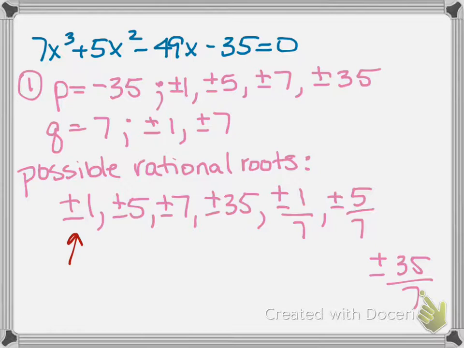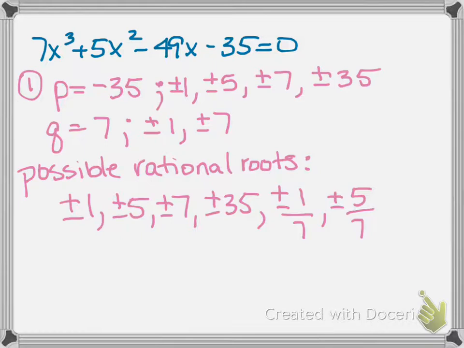And positive or negative 35 over 7, 35 divided by 7 is 5, so that's positive or negative 5, which is the same as this guy here, so I don't need this one either. So I really only have 1, 2, 3, 4, 5, 6 roots. We'll double it to 12 because there's positive or negative. Those are my possible rational roots.